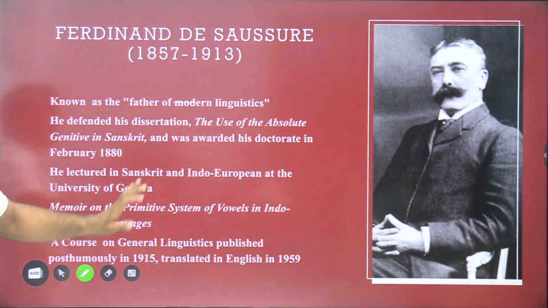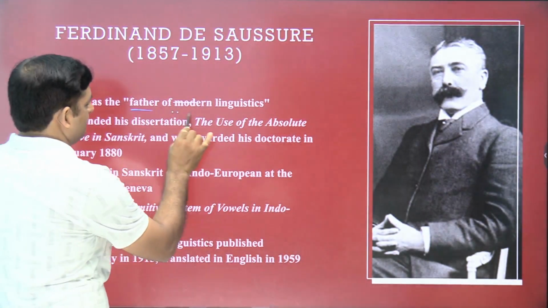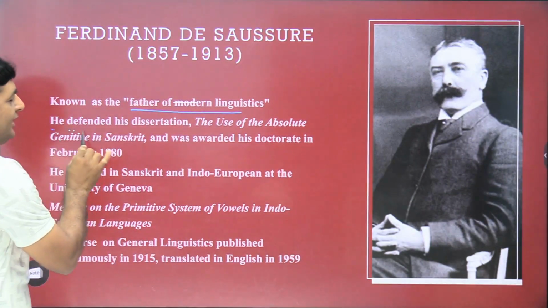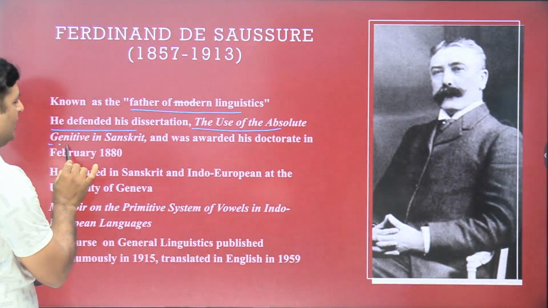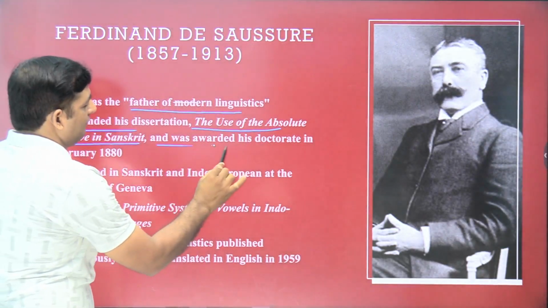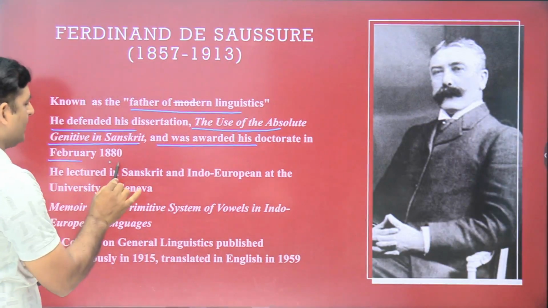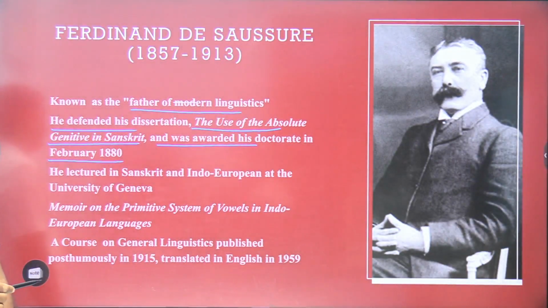Known as the father of modern linguistics, he defended his dissertation, the use of absolute genitive in Sanskrit, and was awarded his doctorate in February 1880. He did his PhD in Sanskrit.